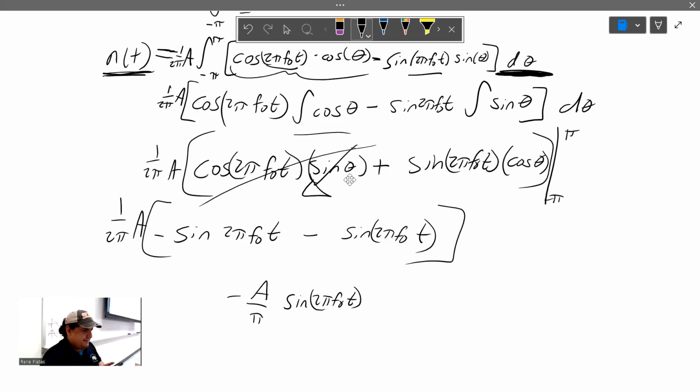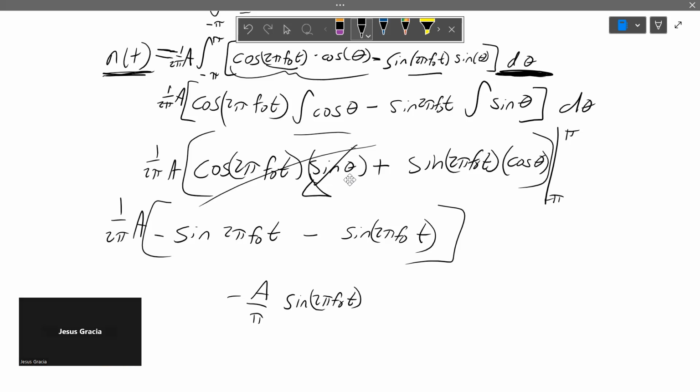Maybe I ended up with, after the substitution, -1 minus parentheses -1, which equals 0. But I think that's because he either factored out or took out altogether the sine 2 pi f0 t.